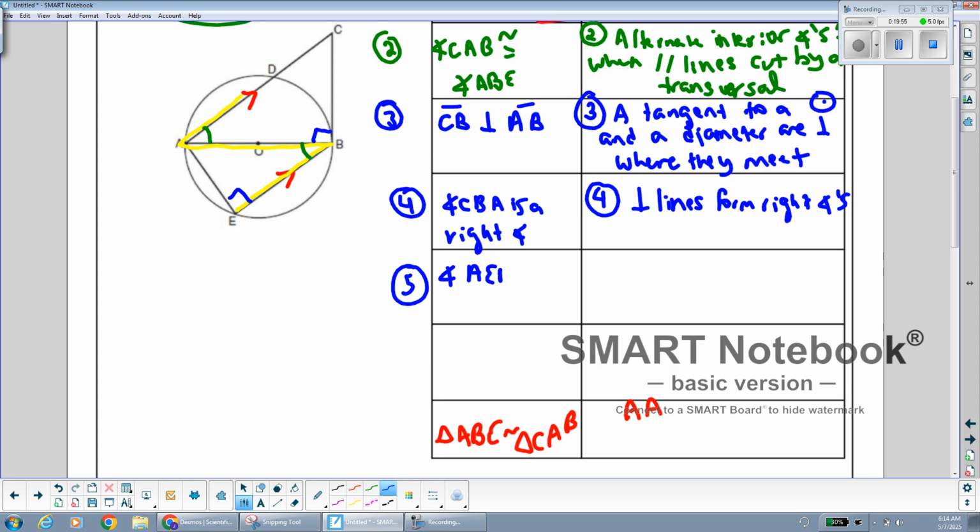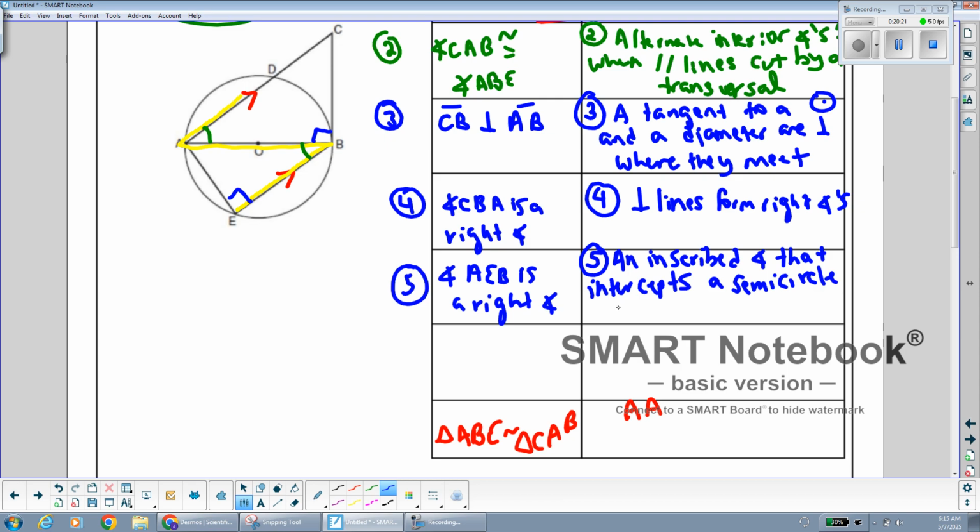Angle AEB is a right angle and inscribed angle that intercepts a diameter or a semicircle, that just means half a circle, is a right angle.